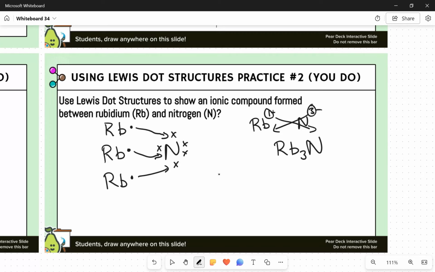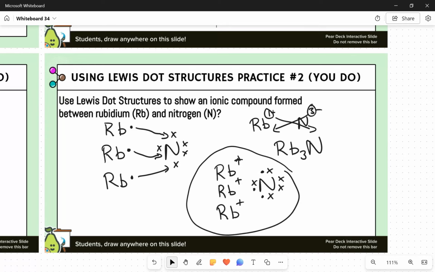And we're going to end up with these 3 rubidiums losing their electrons, and this 1 nitrogen with its dots and x's. So again, this is our final answer right here.